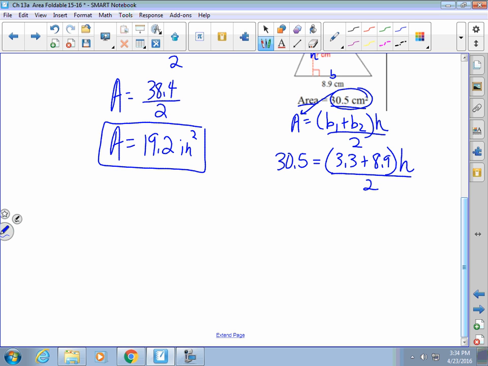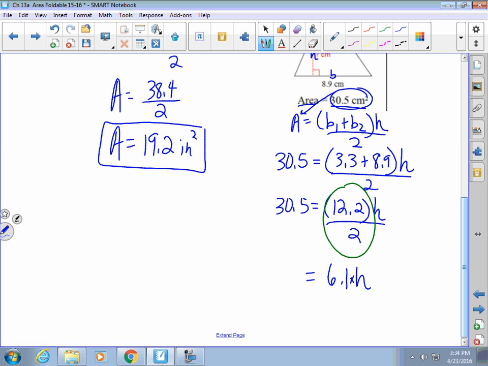And we're just going to do order of operations. We're going to combine our like terms first, or do the parentheses. And then that would give me 12.2 times the height divided by 2. Well, I can go ahead and do the 12.2 divided by 2. That's going to give me 6.1 times my height.